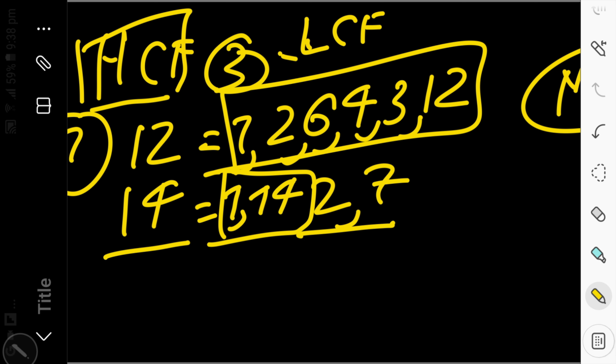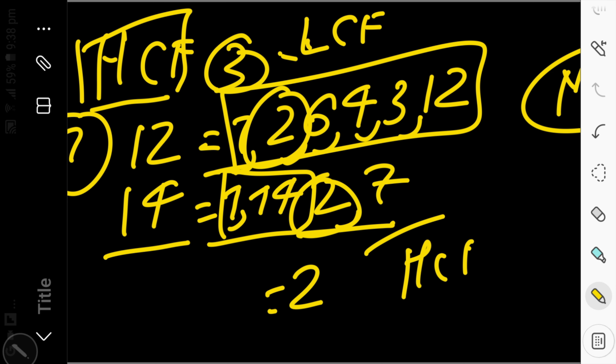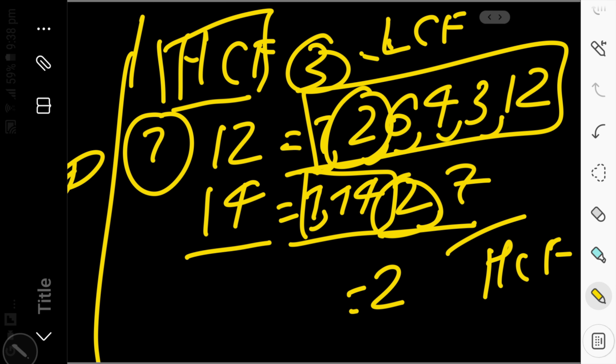Here between 12 and 14, what is the highest? 1 is common as always. 14 is nowhere to be found. 2 is found. No other number is found. So 2 is the HCF of 12 and 14.